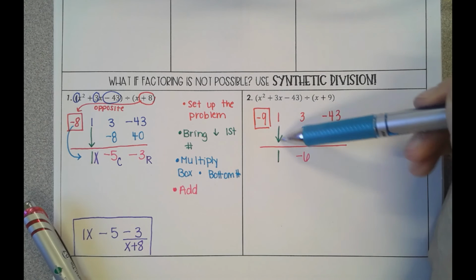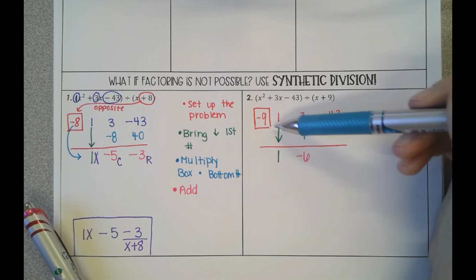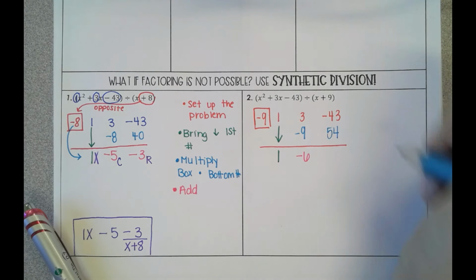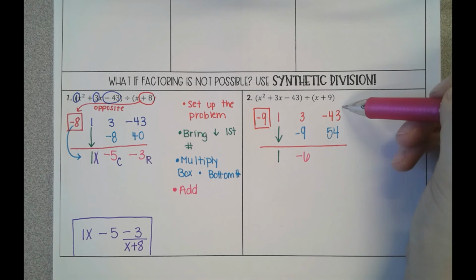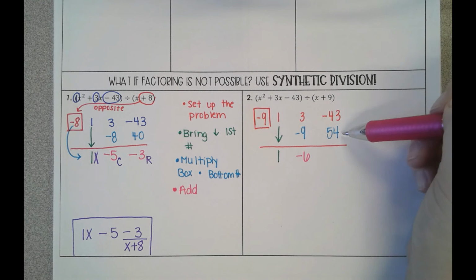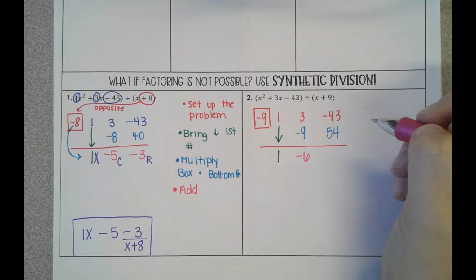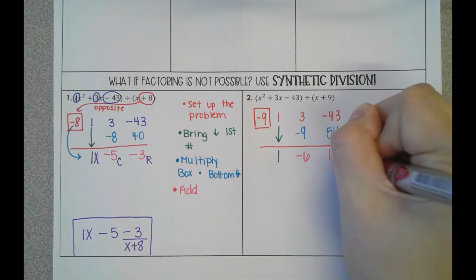Then we multiply, 54. Then you add. You multiply the box by whatever number is at the bottom. And then you add straight down. So this should be 11.